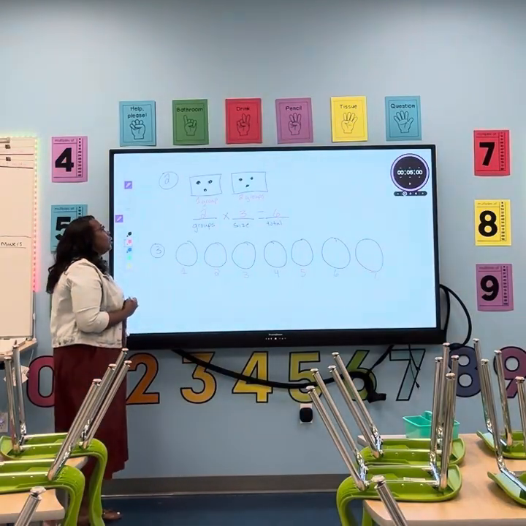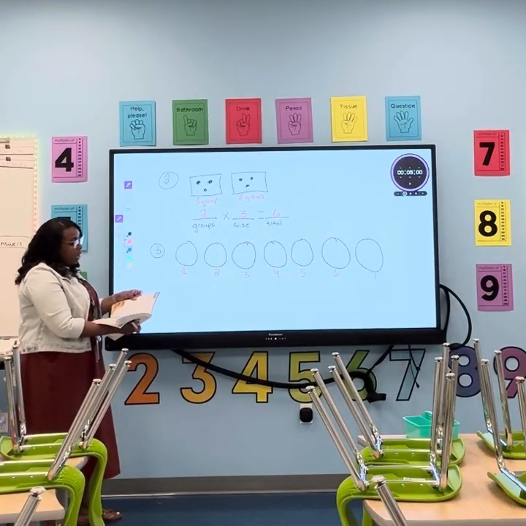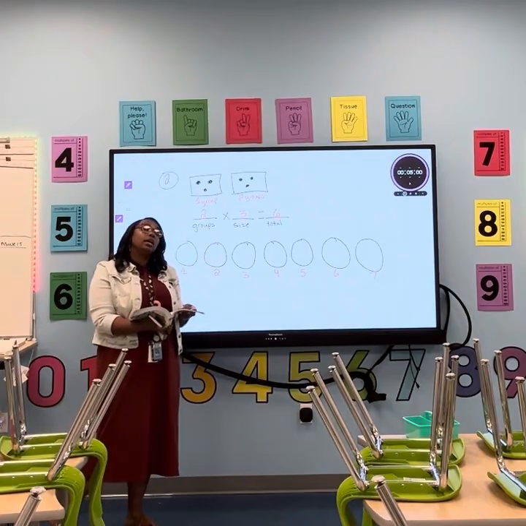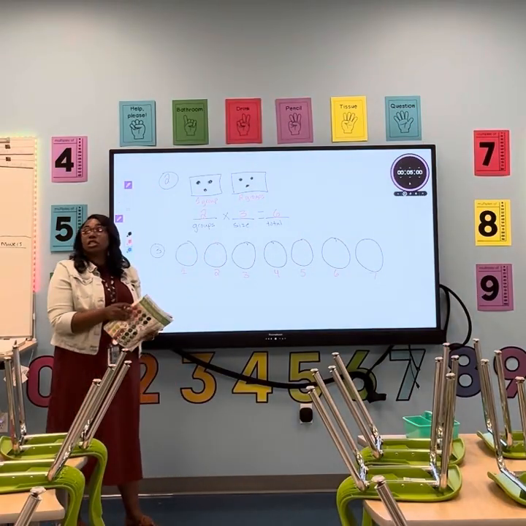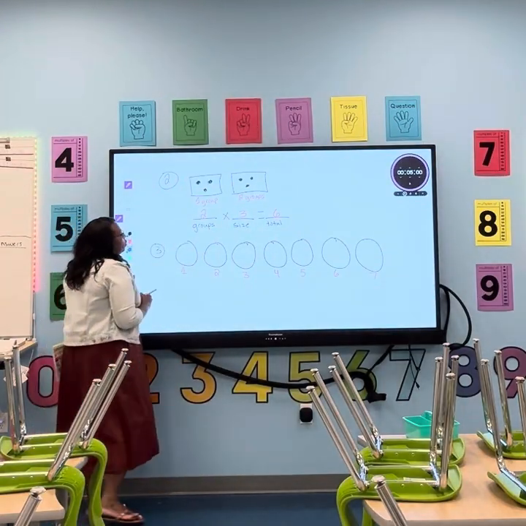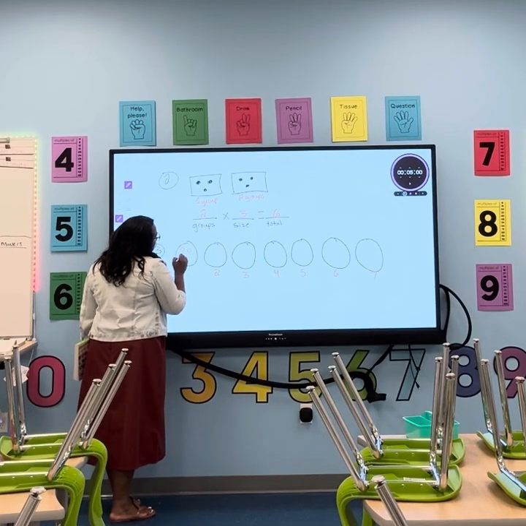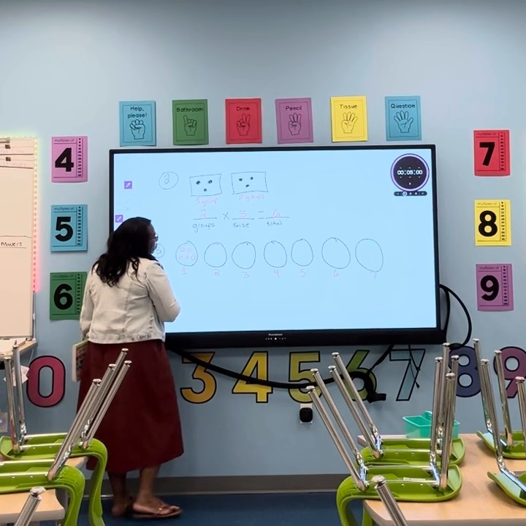Now I'm going to go in and put the 5 chocolate chips on each cookie because it said each cookie has 5 chocolate chips. So let's go ahead and put those 5 chocolate chips. This is 1, 2, 3, 4, 5.